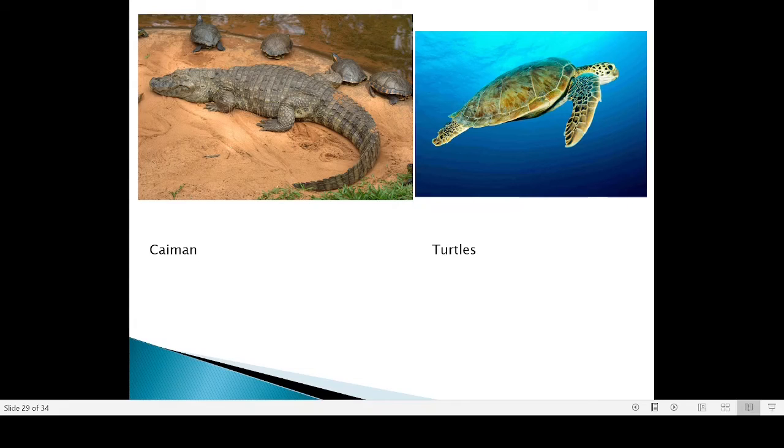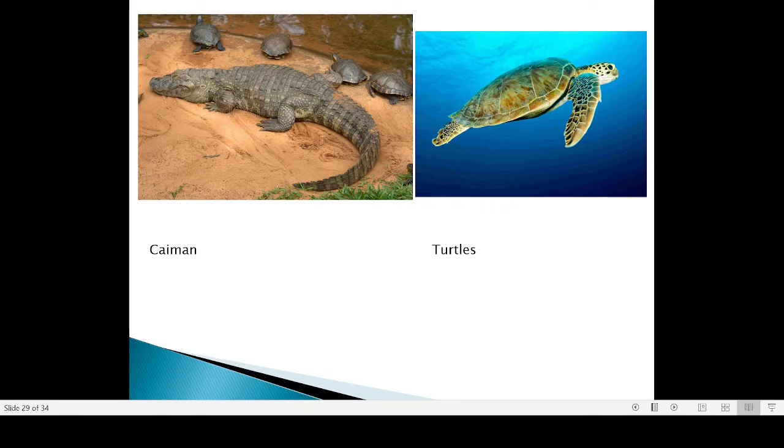Especially in Mexico, Central America, and also the northern part of South America, they live in the marshes or swamps of the rivers and lakes there. They mostly have a nocturnal existence. During daytime they don't come out much, but most of the time they will be coming out at night.